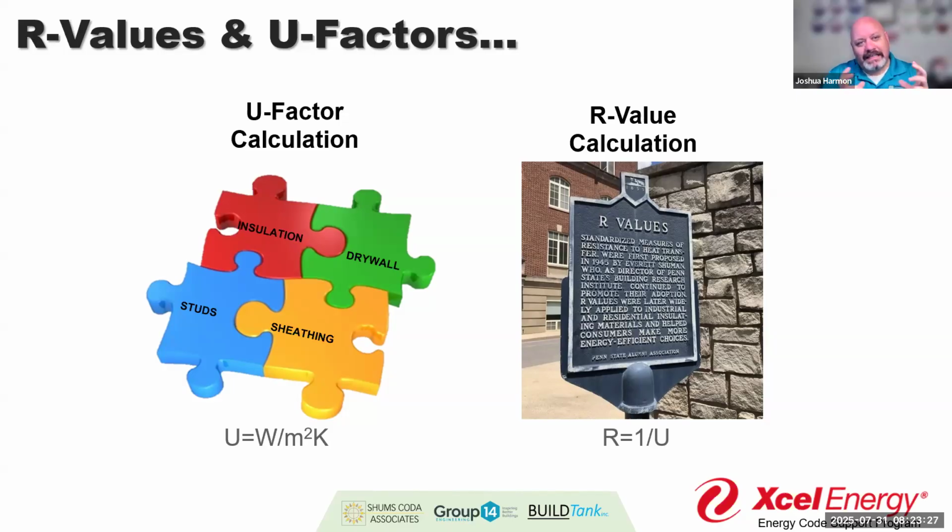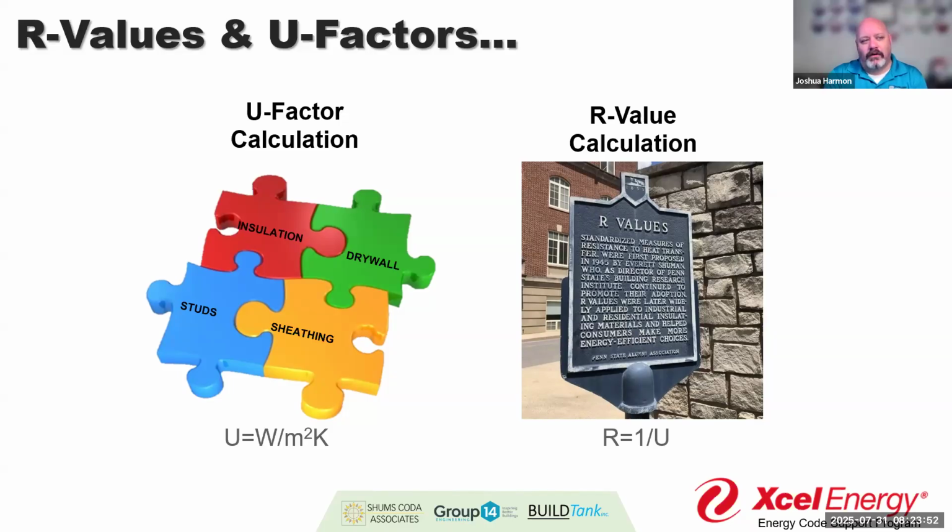And to make life a little easier, back in 1945, we created the concept of the R value so that as we reduce heat transfer, our U factor goes down, right? That's why it gets lower. Whereas the R value, because we wanted something that sounds better, when you say, hey, I've got an R40 versus an R50, right?